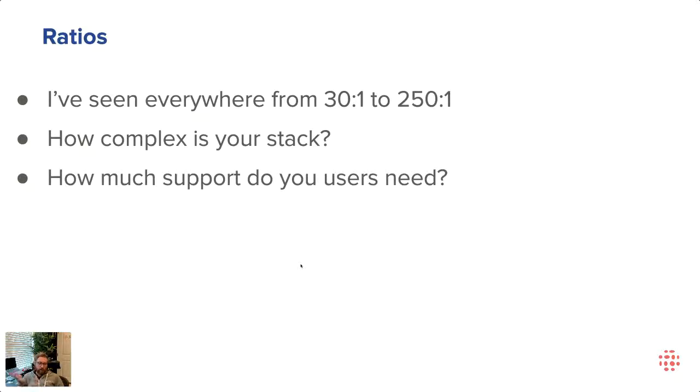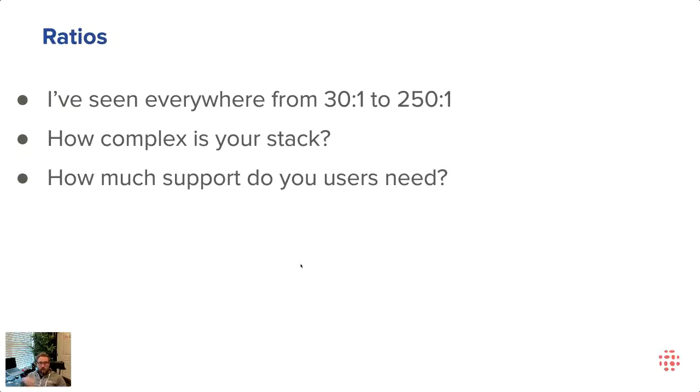Say you're in healthcare, say you're in finance, and a more complex environment. So say that you're supporting both Windows PCs and Macs and Chromebooks and Android and iOS. The more complex your stack gets, the more that you're probably going to have to staff.